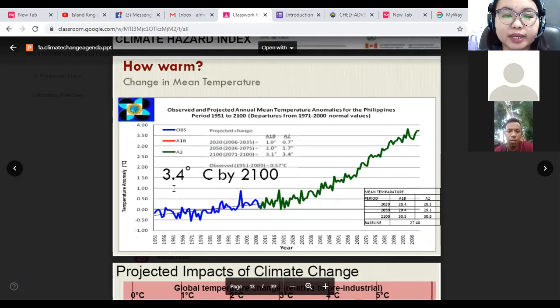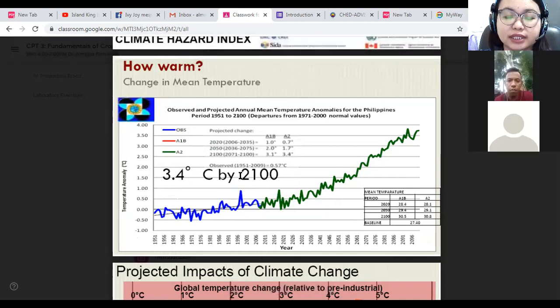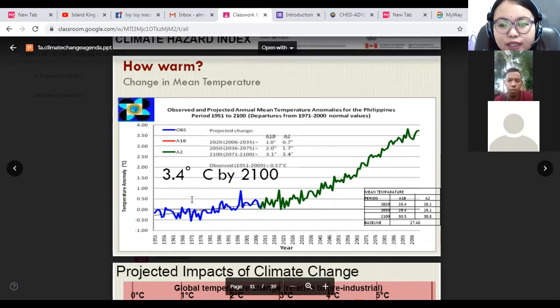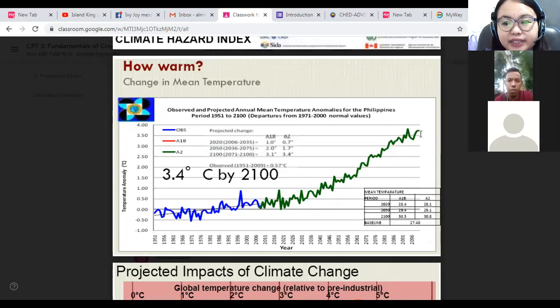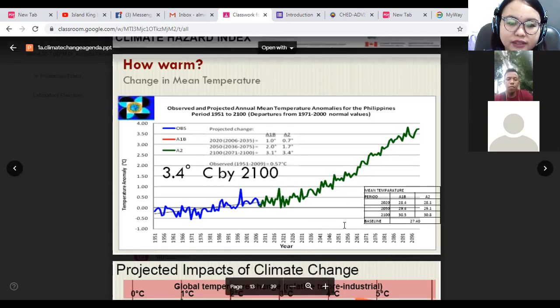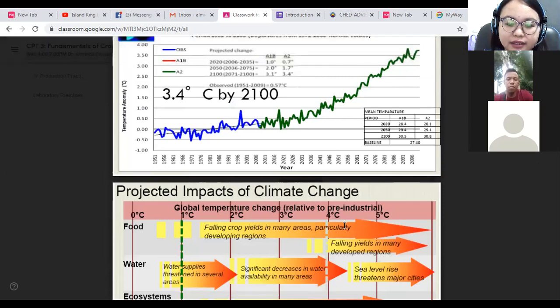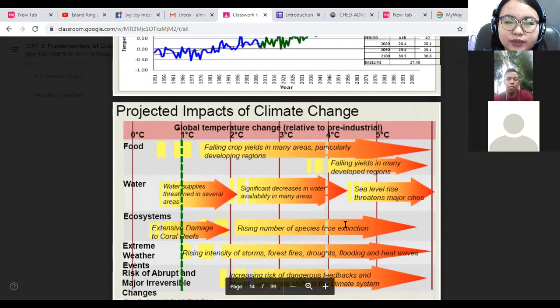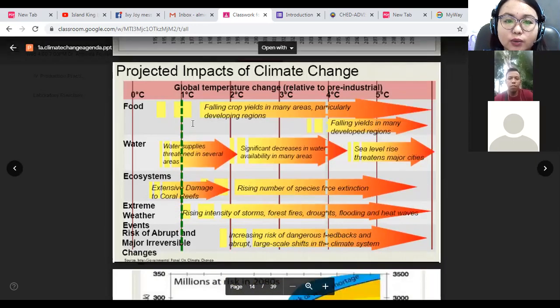By 3.4 degrees Celsius in the 2100s, it is expected to increase as much as that. So if we are at like 40 degrees Celsius now, plus 3.4, that's going to be the expected increase in temperature. So what are the projected impacts?